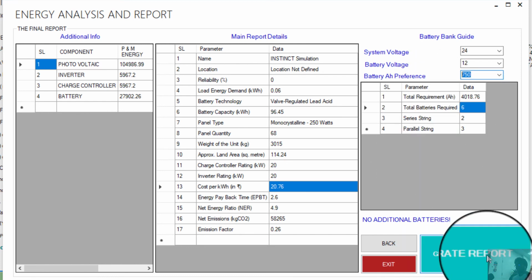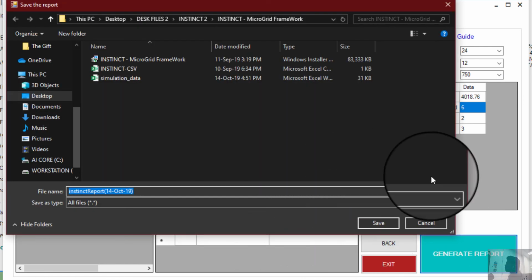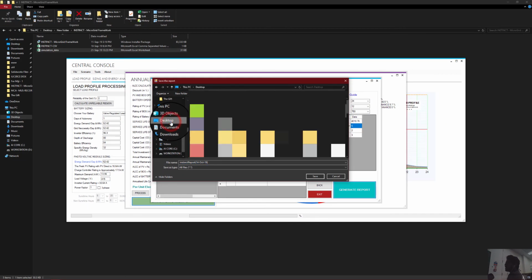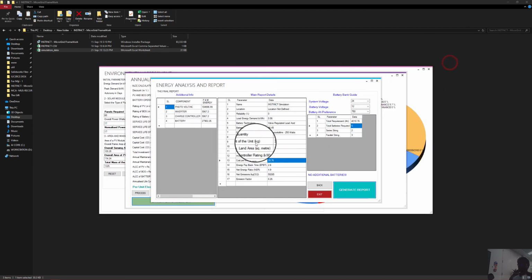After that, we can generate the report. It asks you where you want to save the report. So now I am saving it to the desktop. This is a randomly generated file name. Save it. Then if you find that file, let me close all the tabs for you.